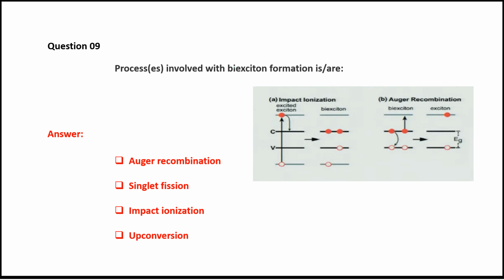After the bi-exciton formation, the processes involved are impact ionization and Auger recombination. These are the two important processes that happen after the bi-exciton has formed. First of all, see from the picture, it is quite clear that there is a gap between the two. There is a hot exciton.